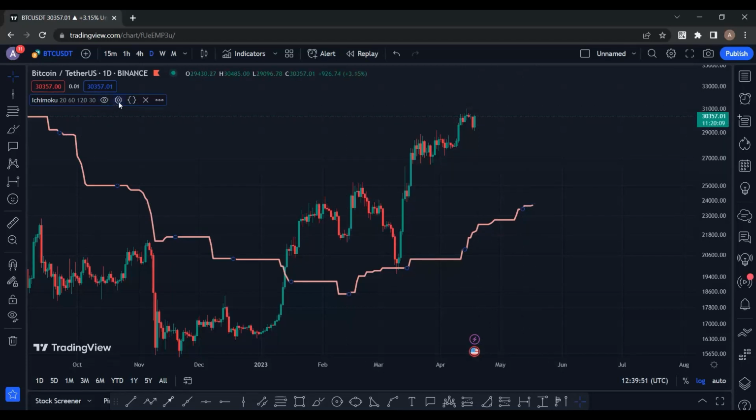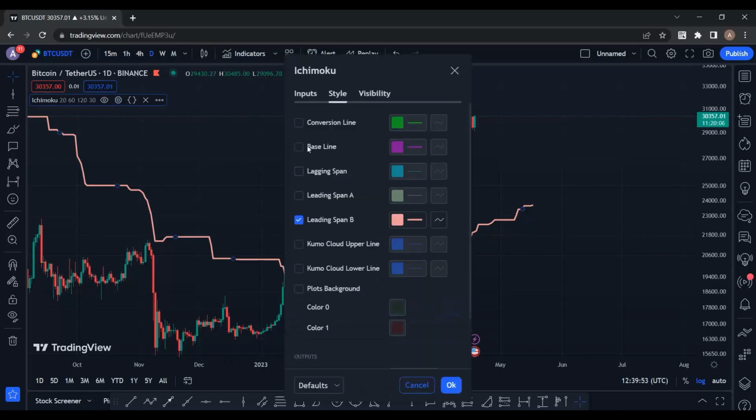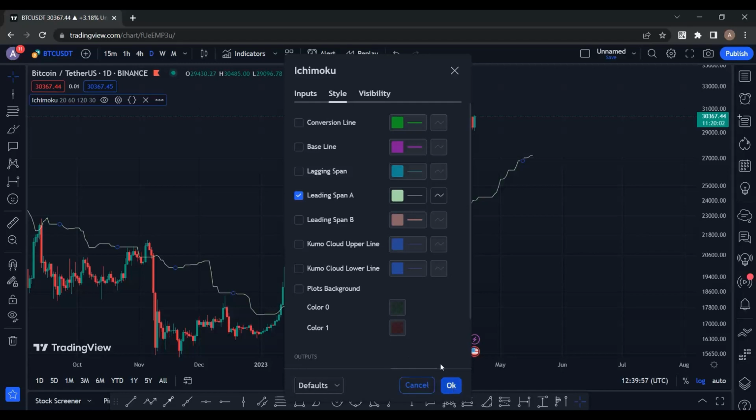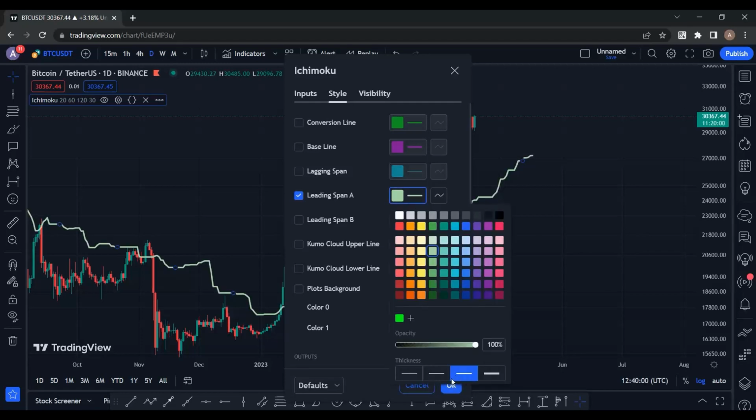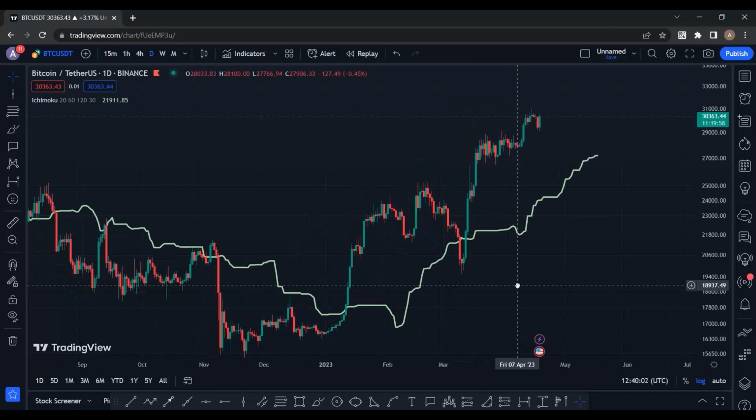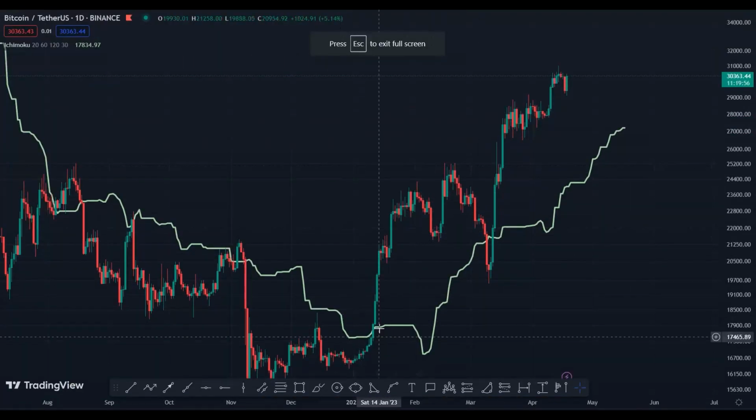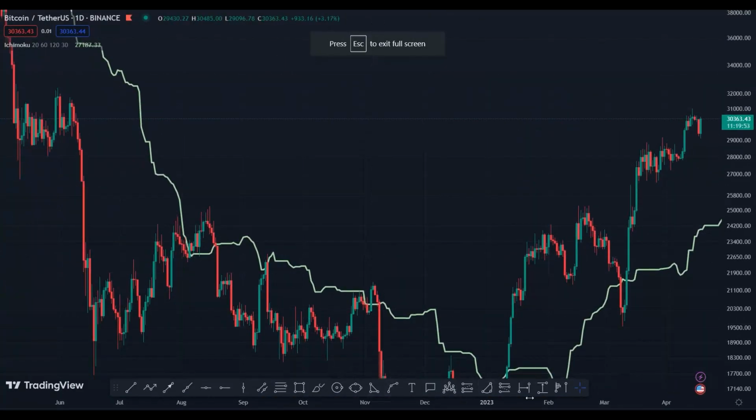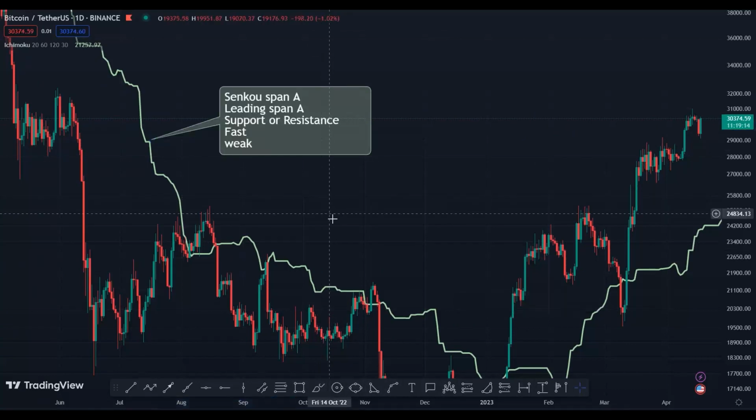I'm going to turn off the leading span B and turn on the leading span A, and increase the thickness for a better visual. What is the leading span A? It's exactly similar to leading span B. So this is Senkou span A, or leading span A, and it acts as a support or resistance.